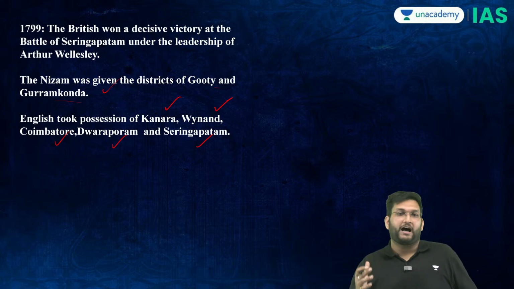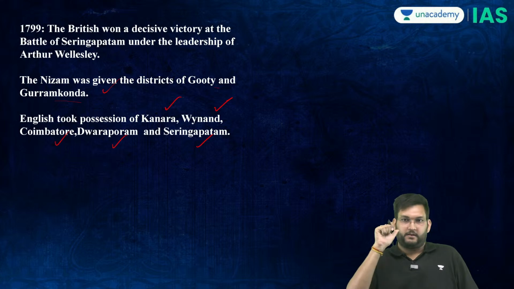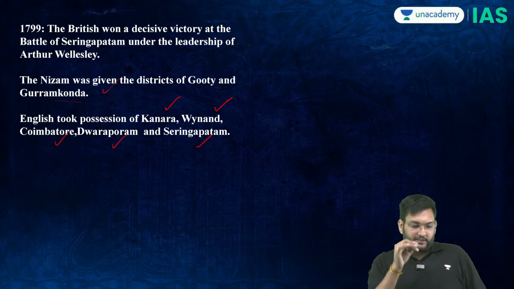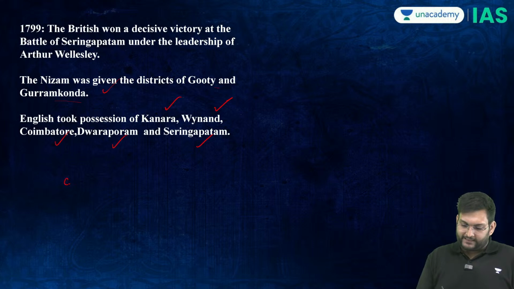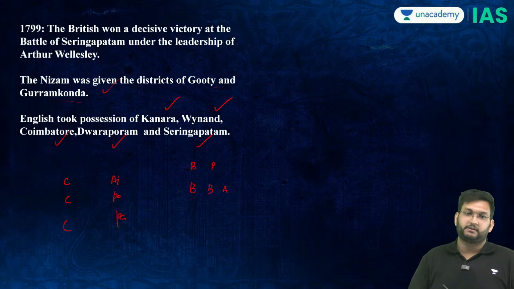I think in 2 hours, we have been able to cover 3 major wars: Carnatic, Bengal, Marathas, and Mysore. That was good pace. And the idea is very simple. Till this point, we have seen Carnatic, I, Po, Pa. Thereafter, we have been able to discuss Bengal, Plassey, Buxar, Treaty of Allahabad.